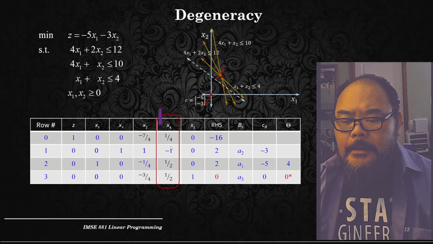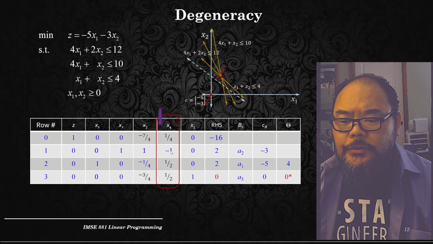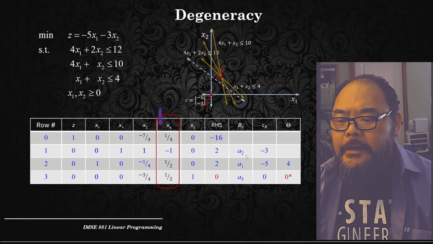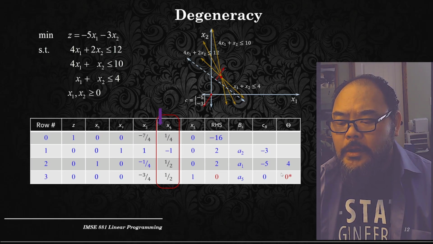But when we look at this y column below, there are negative and positive elements, so there's a bounded solution along that direction. However, if I calculate the minimum ratio test, ignoring the negative elements, I only care about the positive ones.